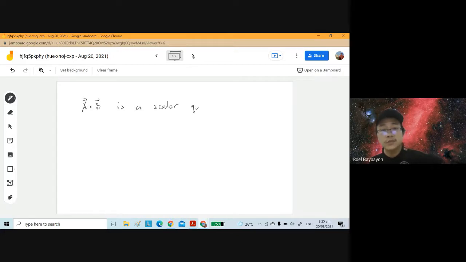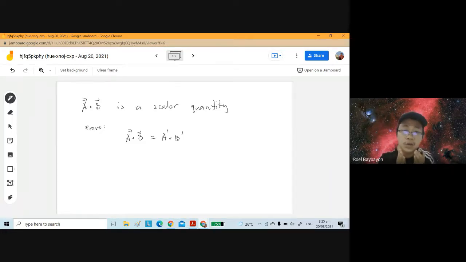Proving that A dot B is a scalar quantity by proving that A dot B must be equal to A prime dot B prime. Why? Because the two quantities must be equal under coordinate transformation for you to prove that it is a scalar quantity, right?